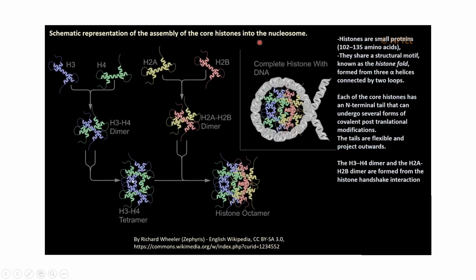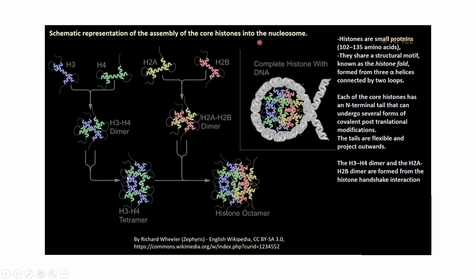Both of the dimeric structures form a tetramer, an H3 H4 tetramer. First there is an individual unit which interacts, and then another dimer of H3 H4 interacts with this dimer of H3 H4.